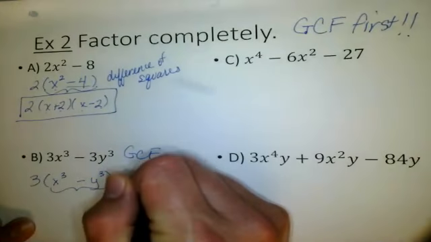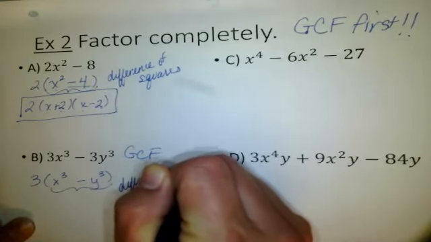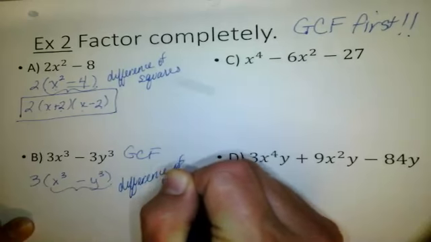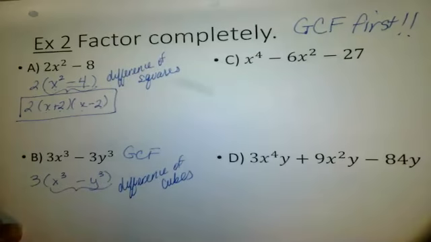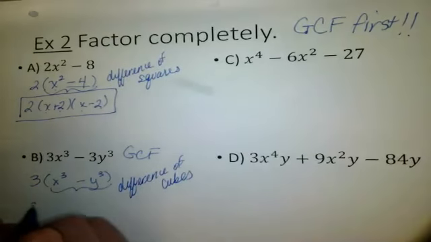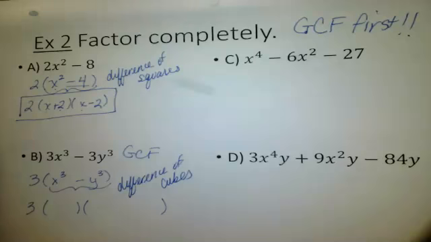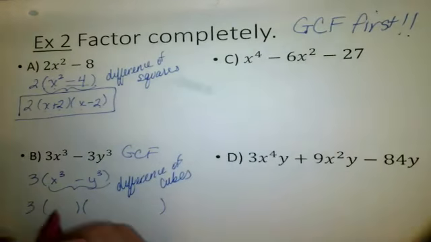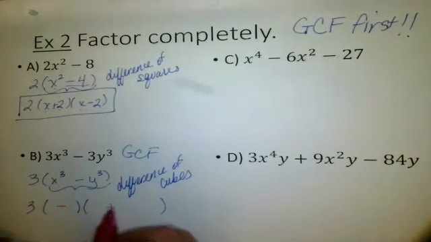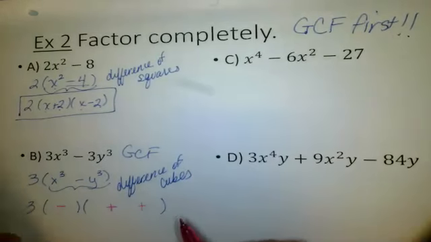It's difference of cubes. We just learned that. How does that factor? Small bubble, big bubble. What do the signs do? Keep the sign, change the sign, always positive.